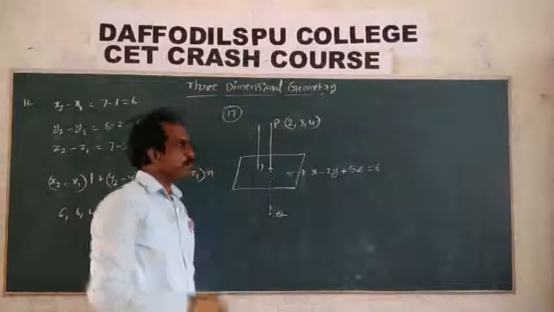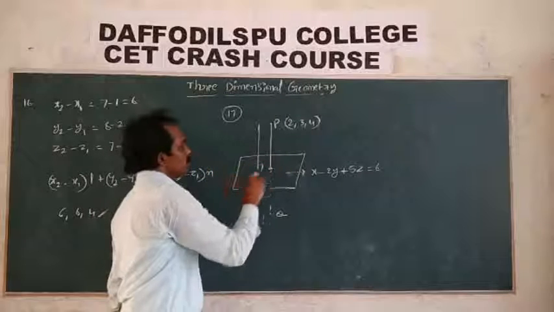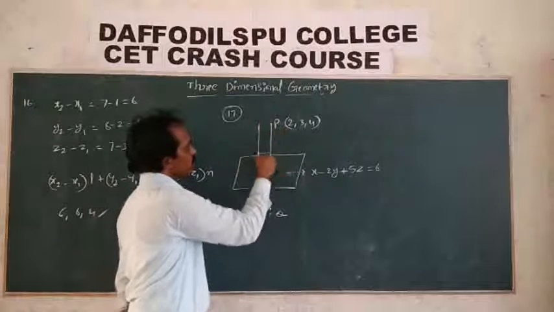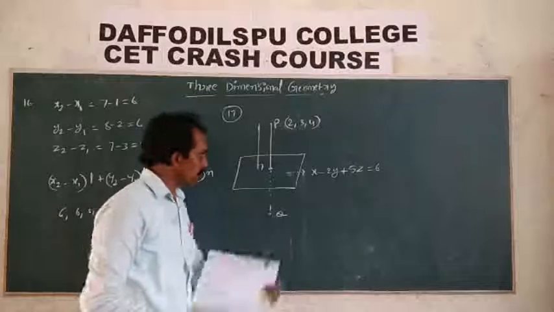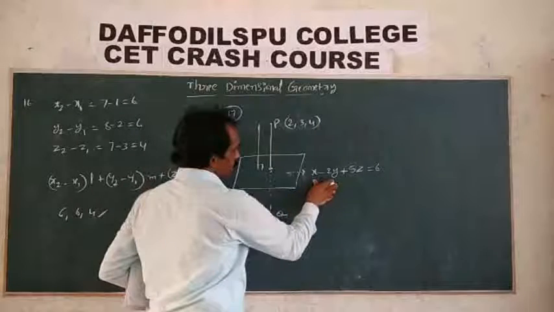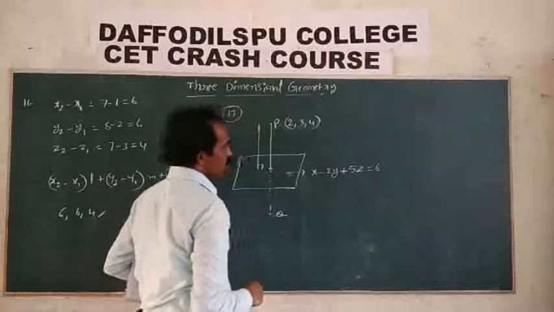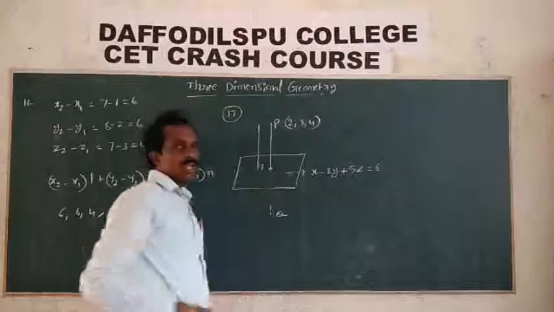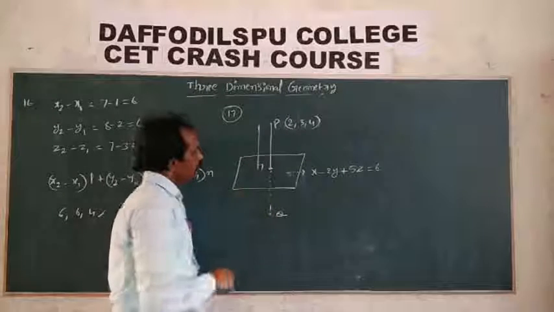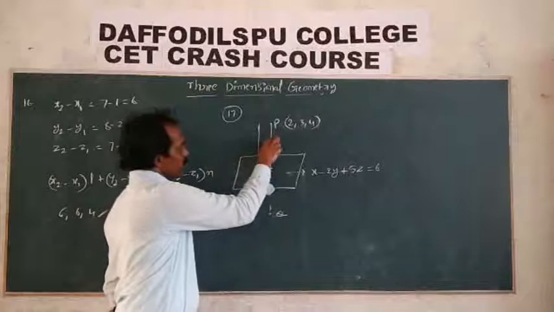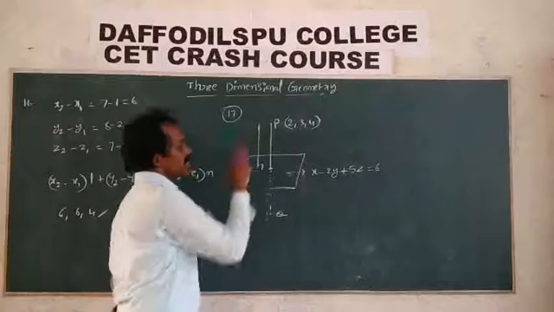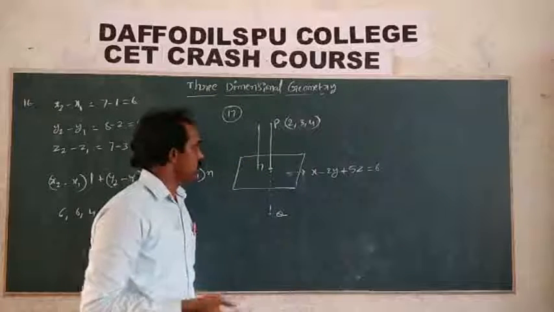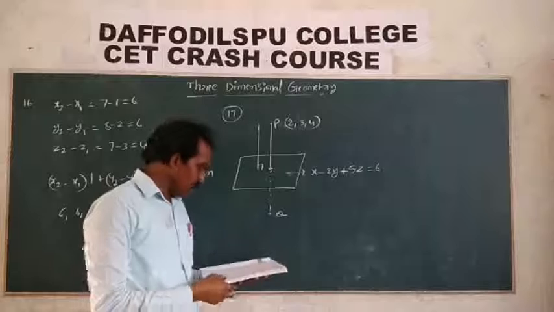When you get the image, this is the midpoint and this line is parallel to the normal. The plane equation is x minus 2y plus 5z is equal to 6, and the normal is nothing but a line perpendicular to the plane. So parallel: this line's direction ratios and the normal's direction ratios are the same.